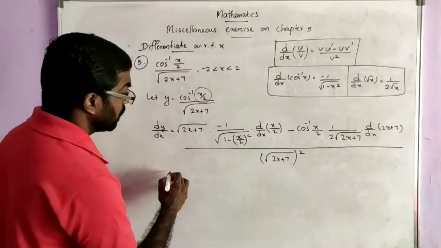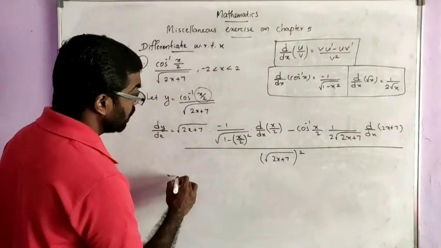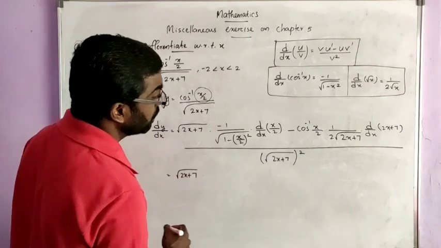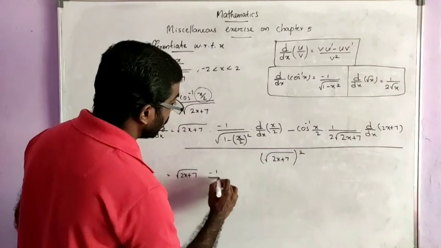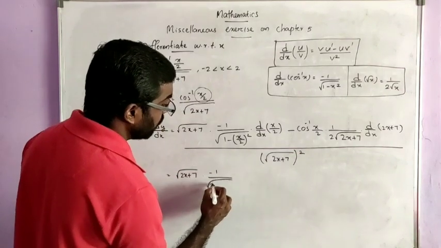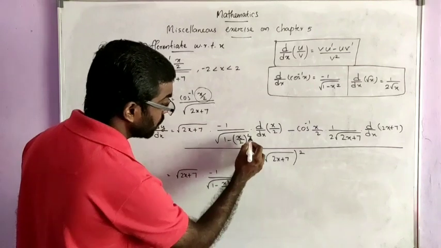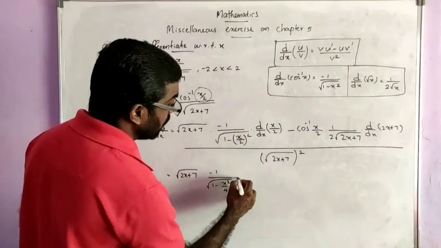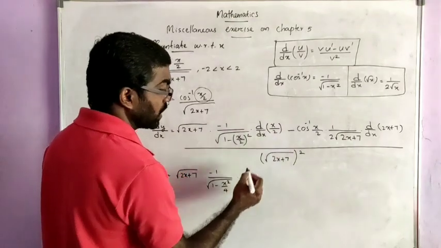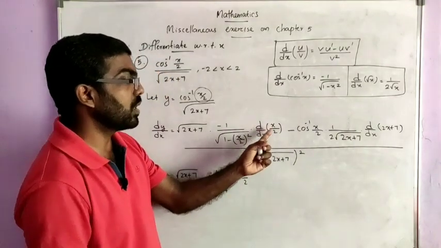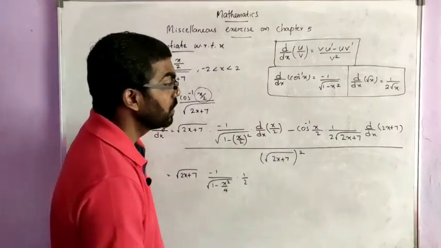Clear? So which is equal to root of 2x plus 7 into here minus 1 by root of 1 minus x square by 2 square, which is 4, then derivative of x by 2 and it is 1 by 2. Derivative of x is 1, so 1 by 2.